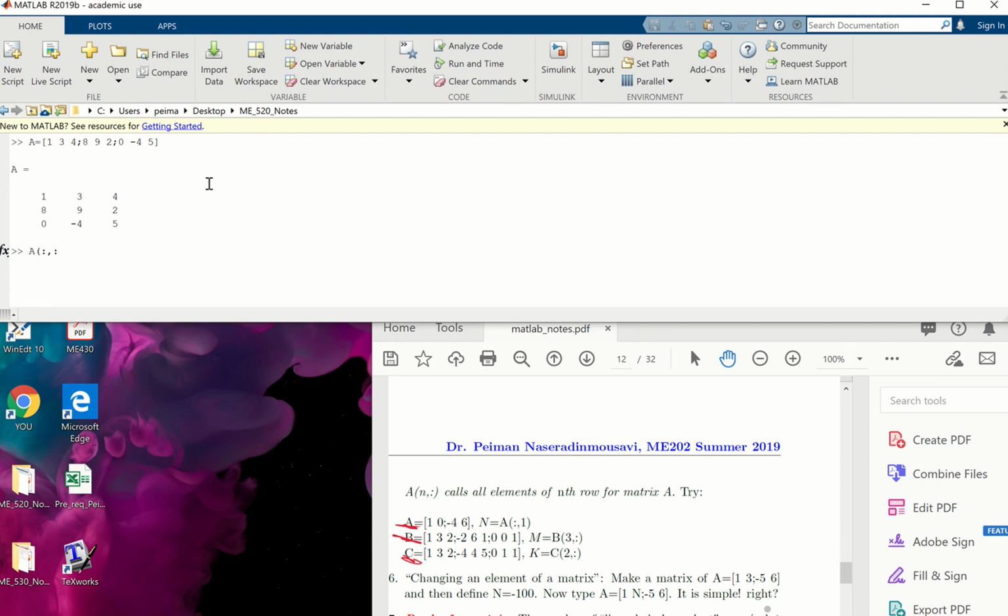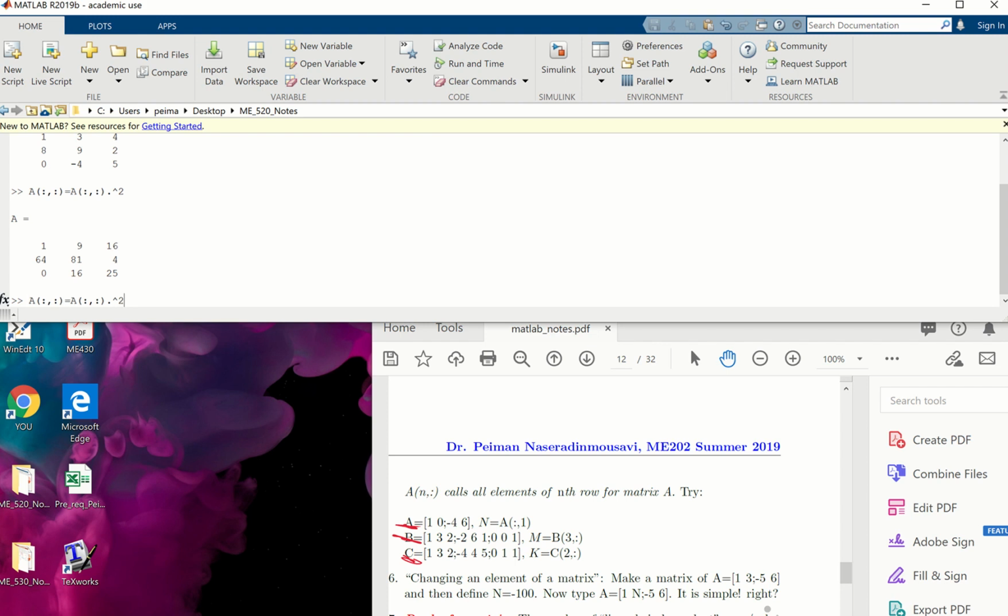So we have all rows and all columns, as I taught you a few minutes ago. You know what, guys? I'm going to square all of them. So square this. Bingo. 1, 64, 0, 9, 81, 16, 16, 4, 25.